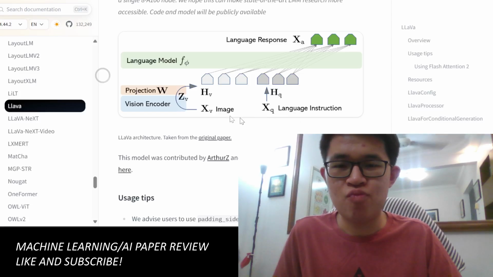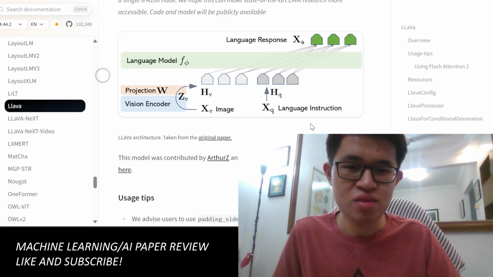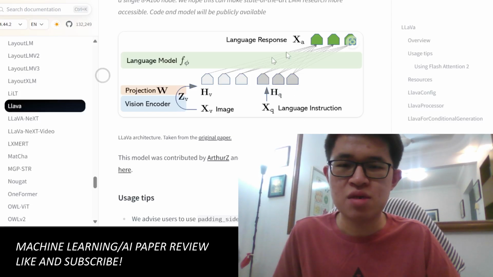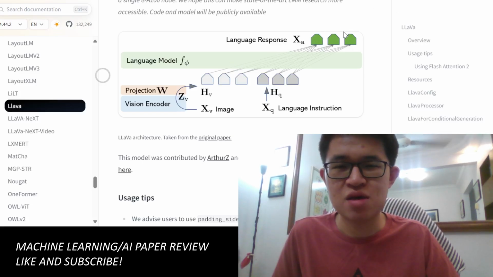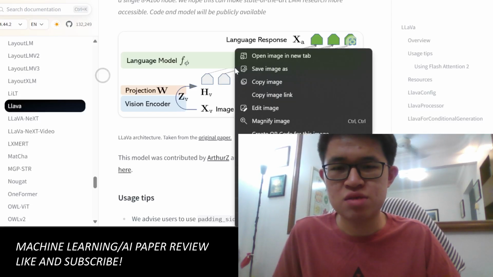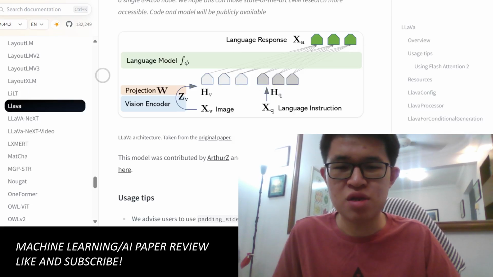You provide a chemical diagram or any kind of image, put an instruction prompt in text into the LLM, and train it to give the correct response. That's how LLaVA works.